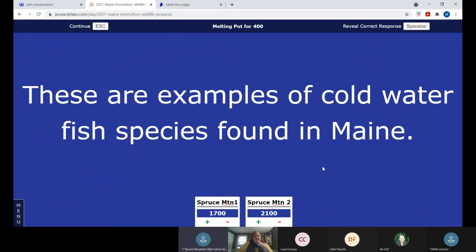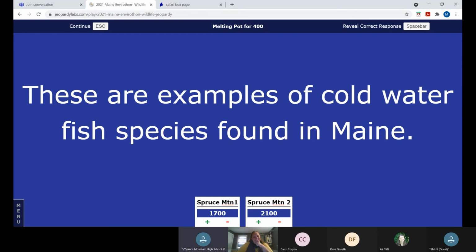Examples of cold water fish. These are examples of cold water fish species found in Maine. Can you name two? There's landlocked salmon. Trying to think of another one.